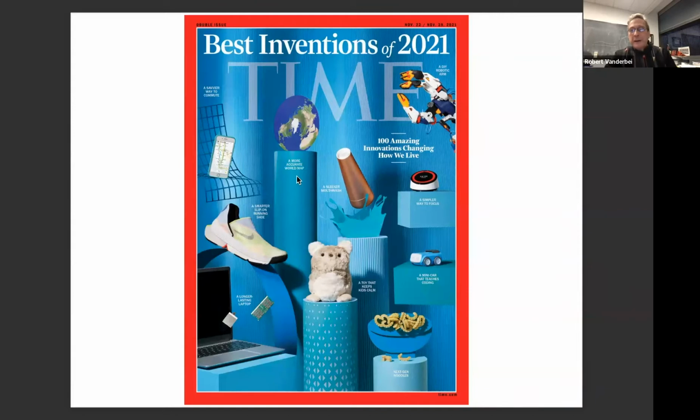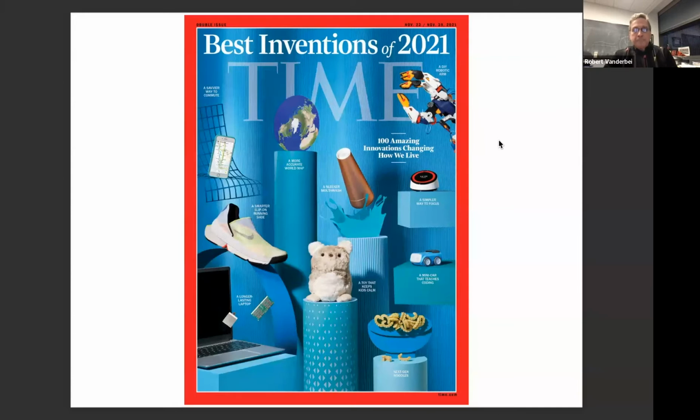I hope everybody can see my cursor because I'm going to be using it a lot to point at things. So if you don't see my cursor, please tell me right now. Anyway, this was in Time magazine just a few months ago. This is something I've been working on with my co-authors for about a year.